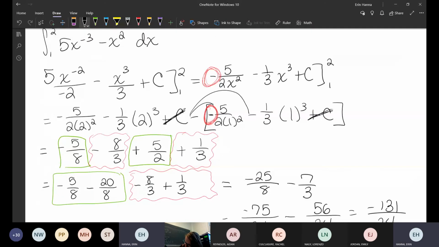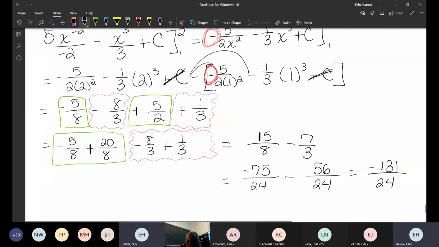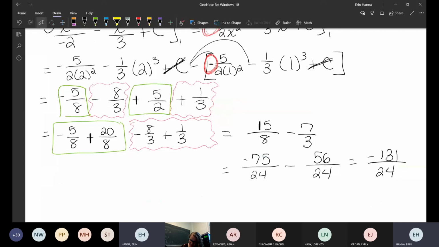We should make this a plus, which would make this positive 15, which would make that a positive 45. There we go, -11.